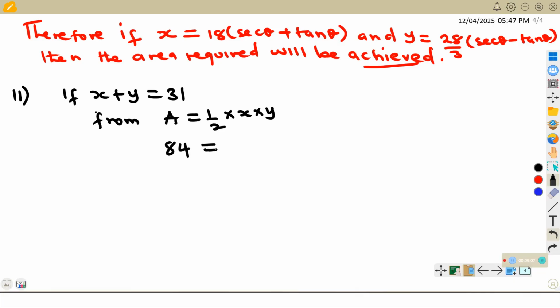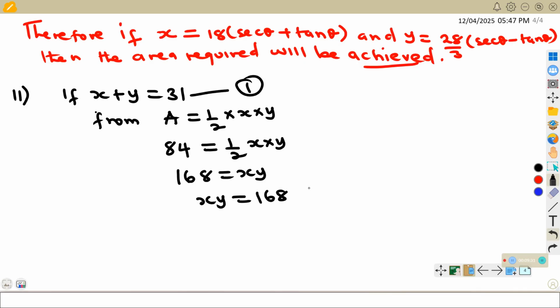So 84 is the same as a half times x times y. We multiply 84 by 2, and this will give us 168, which is equal to xy. So xy is the same as 168. So I have this equation, and I can use the two equations to get the values of x and y.